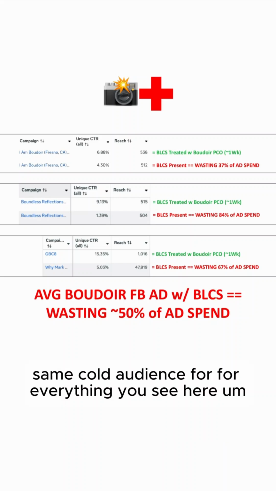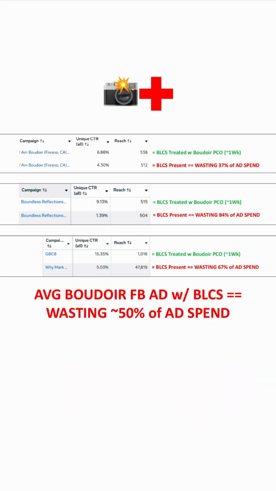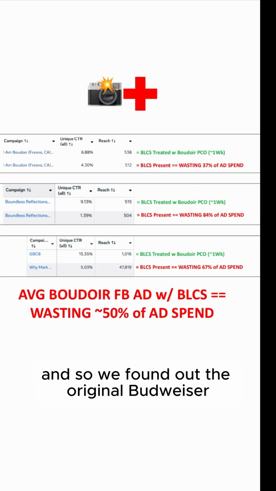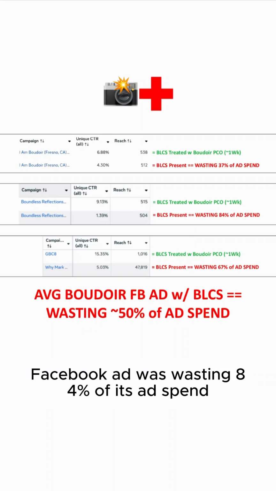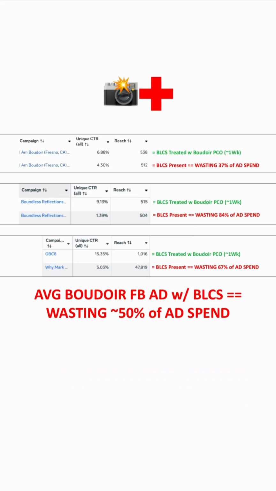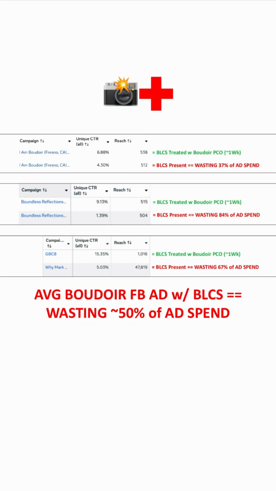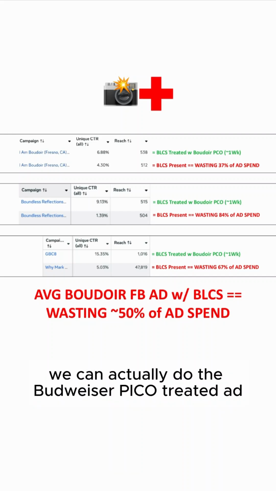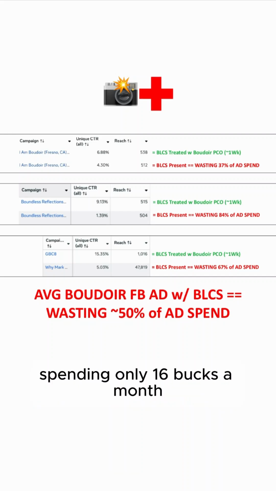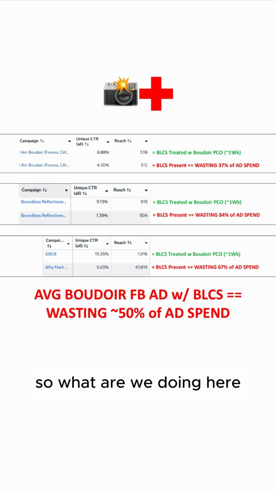It's the same city, same cold audience for everything you see here. And so we found out the original Boudoir Facebook ad was wasting 84% of its ad spend. So when the original Boudoir Facebook ad spent 10 grand a month, instead of doing that, we can actually do the Boudoir Pico treated ad spending only $1,600 a month. So what are we doing here?